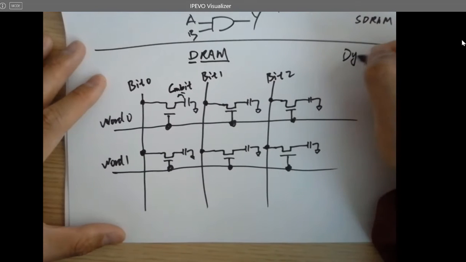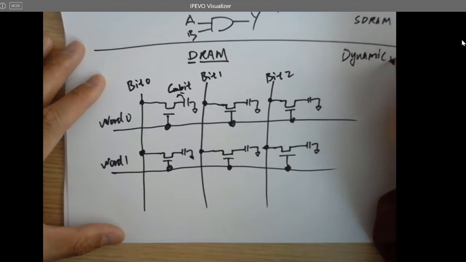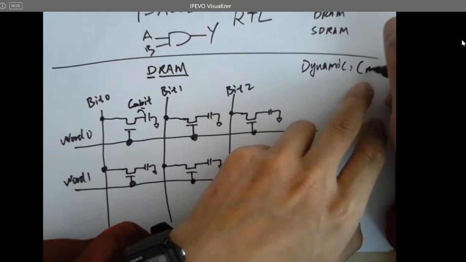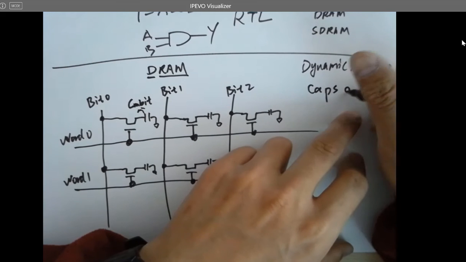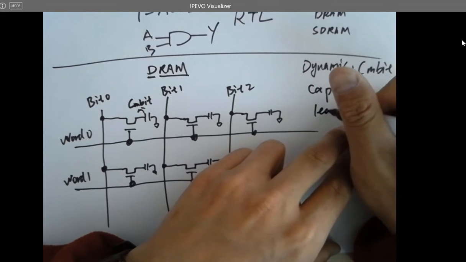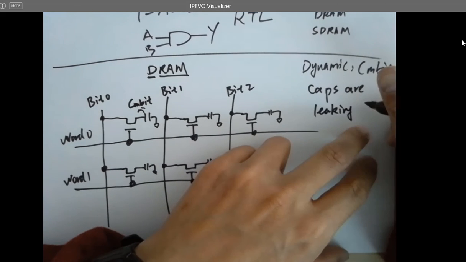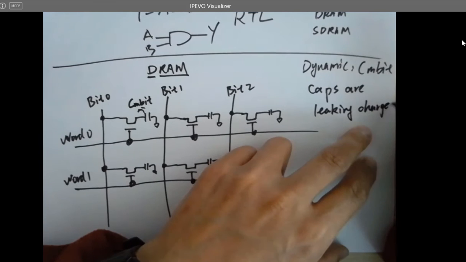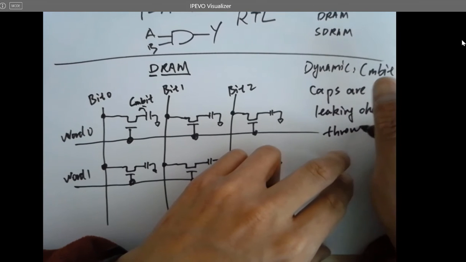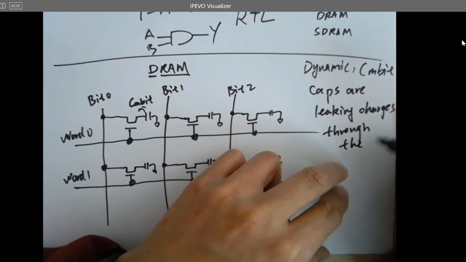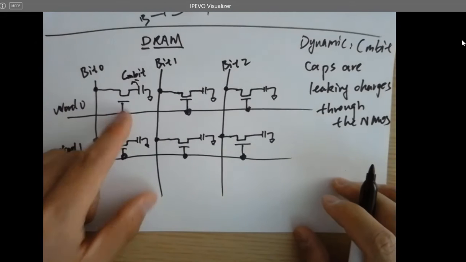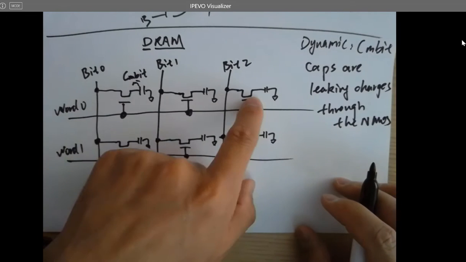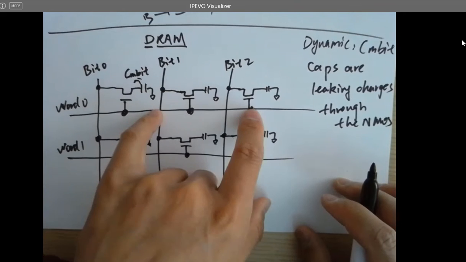Dynamic, because the memory bit caps are leaking charges through the transistors. Definitely, if you give a 0, all the transistors are off, but they won't be perfectly off.